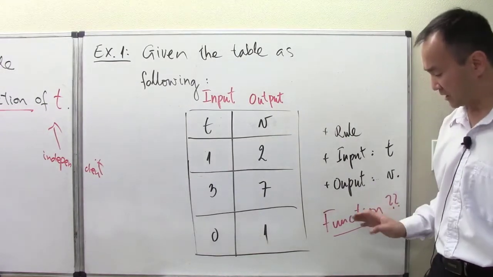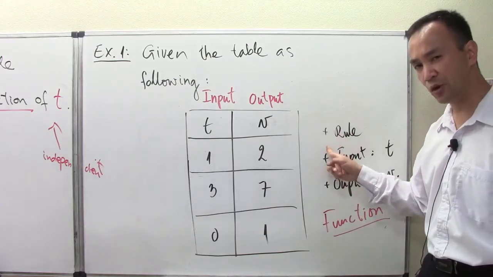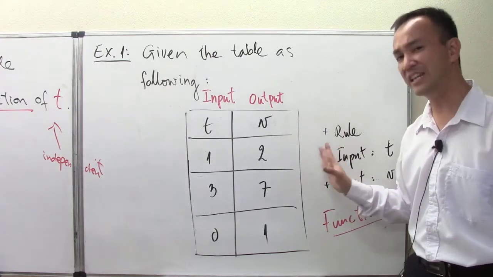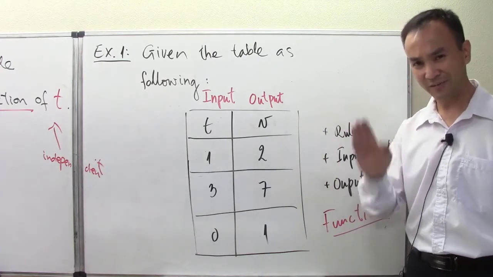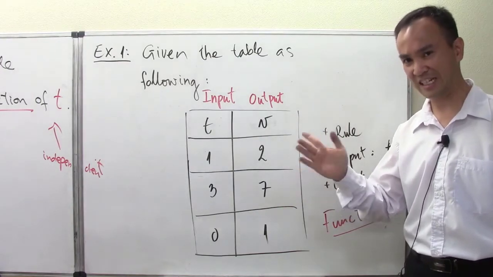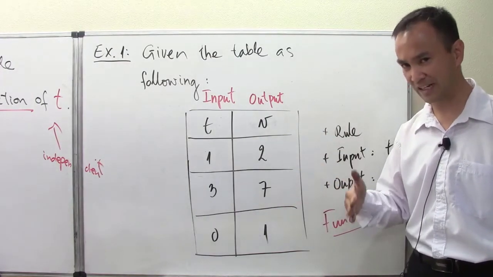But just simply having a rule that takes an input and lands it into an output is not enough. The definition of a function says a function is a rule that determines an output.